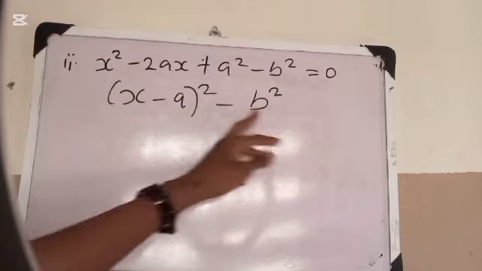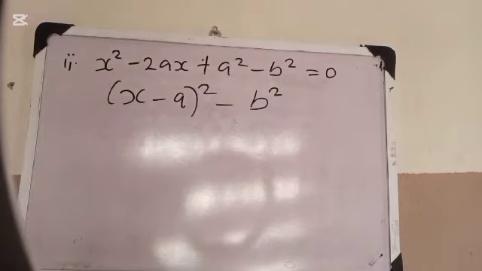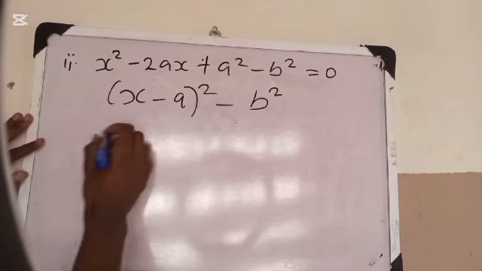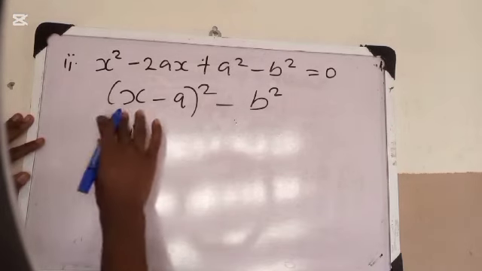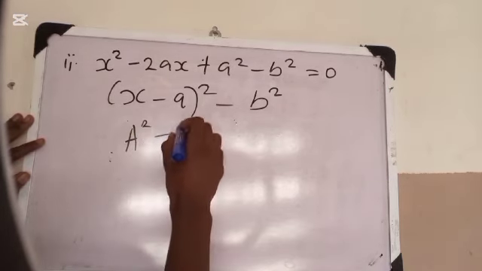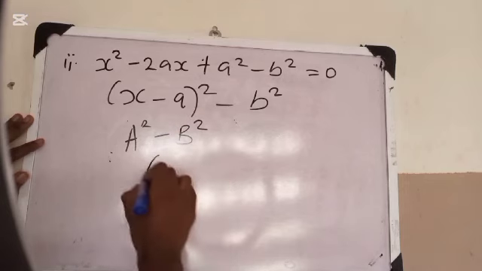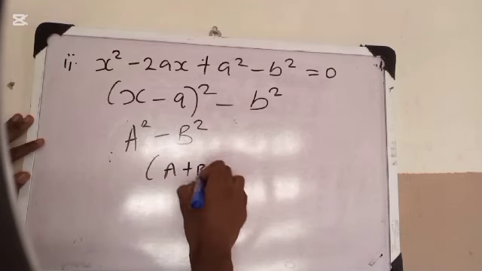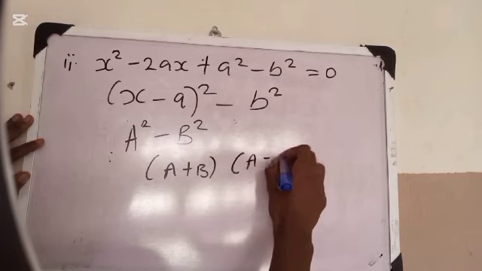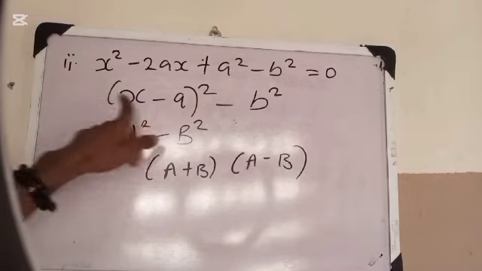Now when you look at this question, it looks like something we know in secondary school. Were you taught something like this? When you see a squared minus b squared, it's the same thing as saying (a plus b)(a minus b). Is this not how this thing looks?